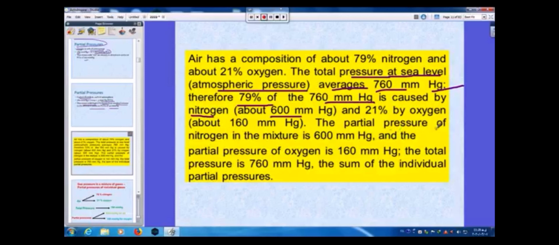The partial pressure of nitrogen in the mixture is 600, and the partial pressure of oxygen is 160 millimeters mercury. The total pressure is 760 millimeters mercury, the sum of the individual partial pressures.